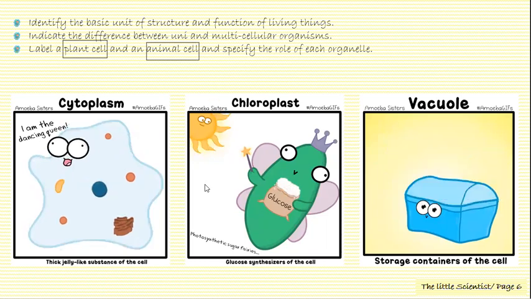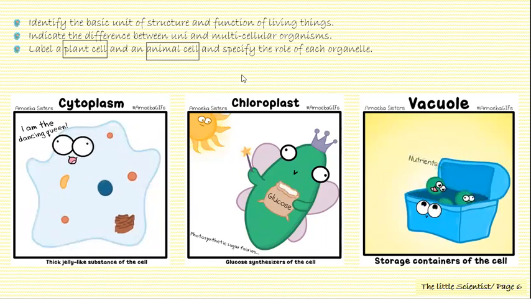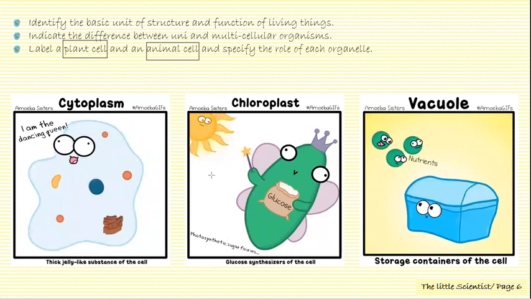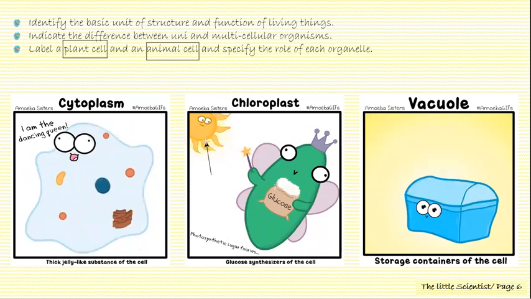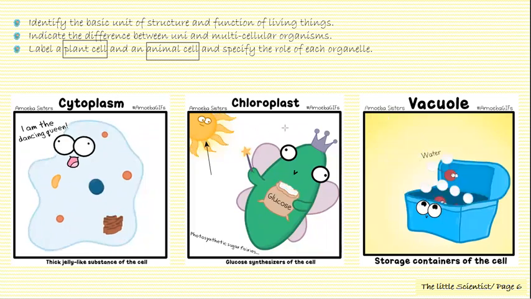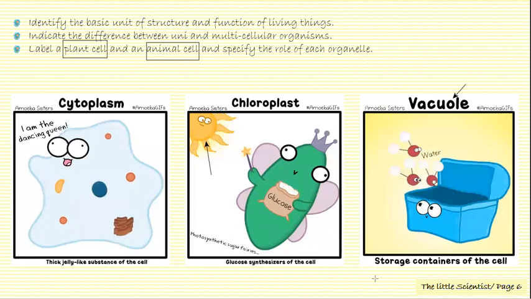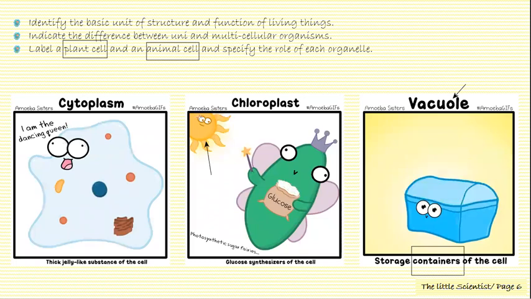The job of the chloroplasts is to catch sunlight energy, as you can see here in these cute GIF pictures. In both plant cells and animal cells, you will see vacuoles, which are the containers. Look at this, they are containers to store things.